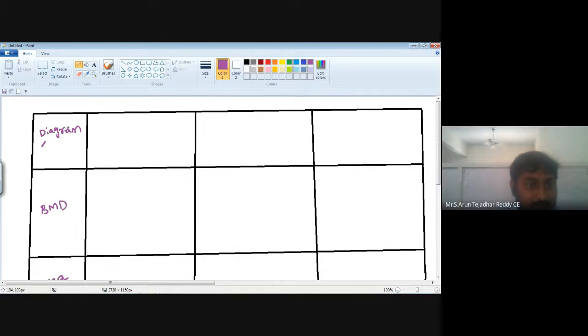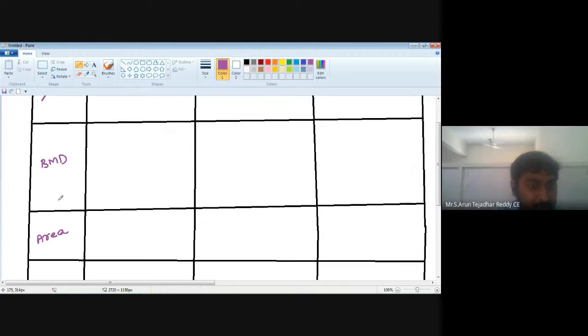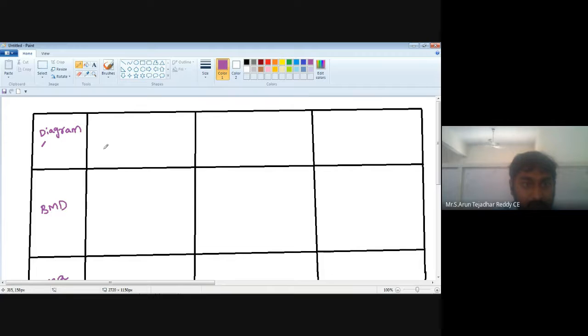So first one is diagram, bending moment diagram, area and centroid. Now here, first diagram.